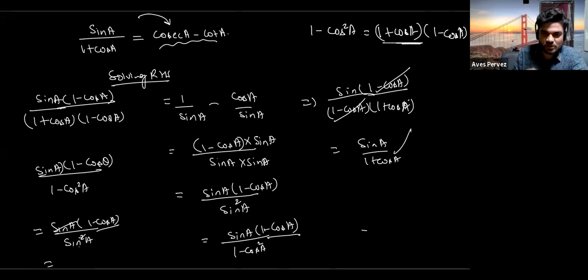This will become sine square A. We don't touch the numerator now, it stays the same. Sine square A can be written as 1 minus cos square A, and this can be further split into 1 minus cos A and 1 plus cos A. The 1 minus cos A terms get cancelled out, and this becomes 1 plus cos A upon sin A, which is what we have there.